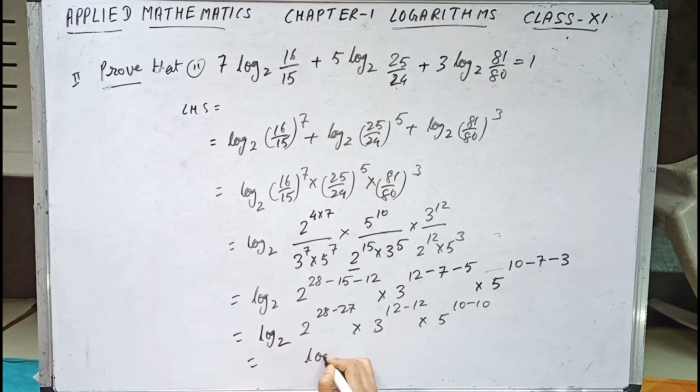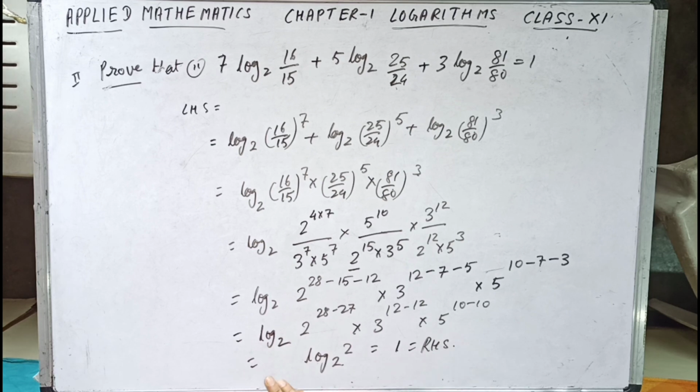So this will be equal to log base 2 of 2, and 3 power 0 is 1, 5 power 0 is 1. So this log and base are the same, so its value is 1, and so this equals RHS. Now next we will be going to the standard form of decimal.